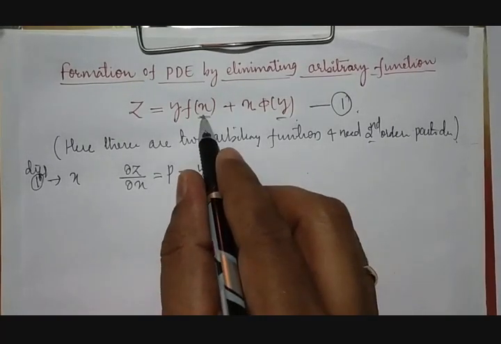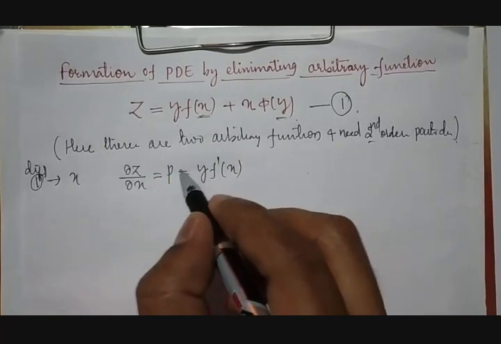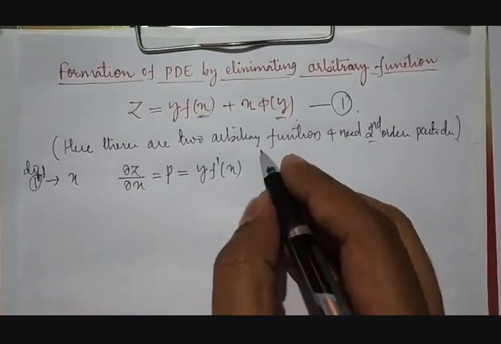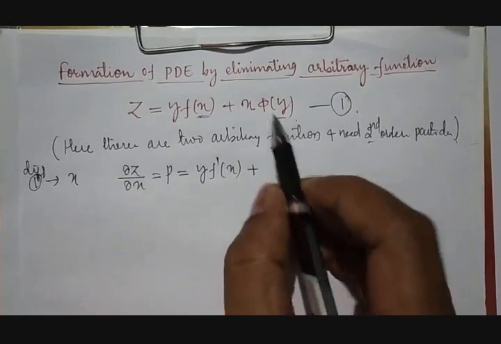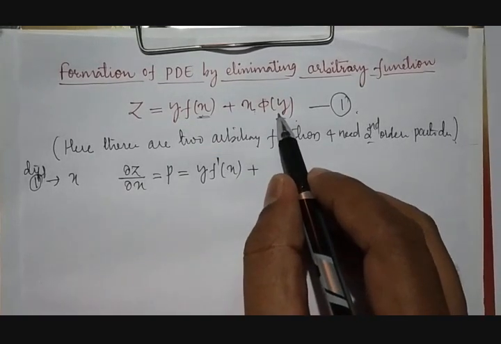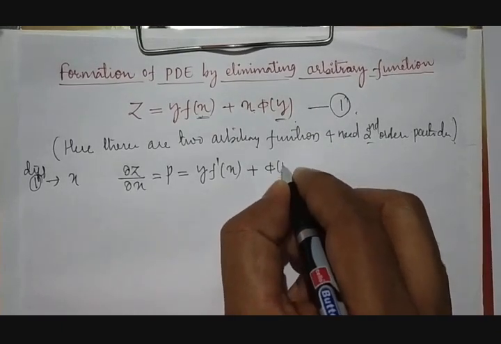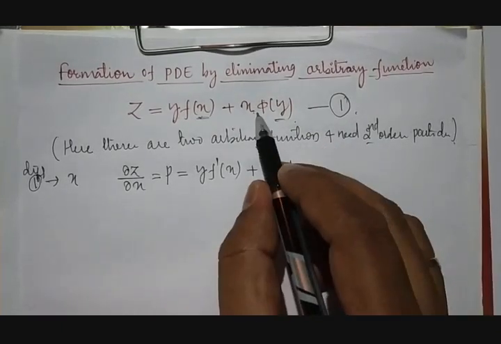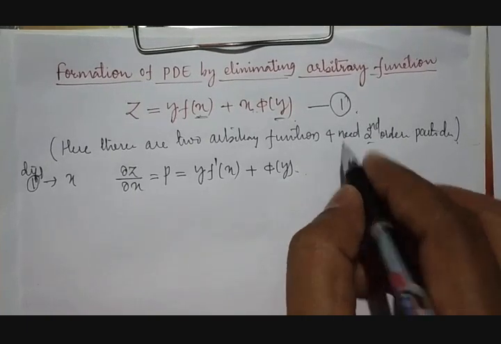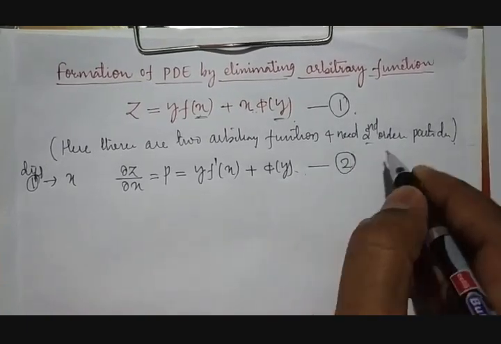Then when we keep f of x constant, differentiation of y with respect to x will be 0. Plus, if we keep x common, differentiation of pi of y with respect to x will be 0, and when we keep pi of y constant, differentiation of x with respect to x will be 1. So this is equation number 2.